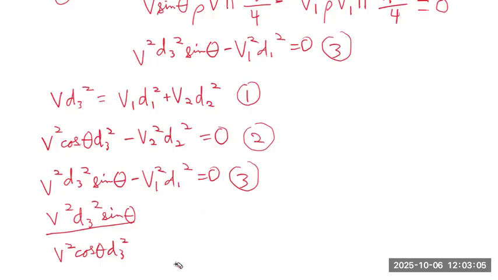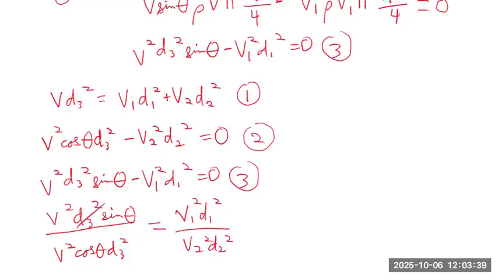Actually, let's not make this confusing. Basically, what we did was we moved this one over to the right side and this one over to the right side, so it becomes positive V2 squared times D2 squared, and this one becomes positive V1 squared times D1 squared. Then we divided the left side equations by each other, and set it equal to V1 squared D1 squared over V2 squared D2 squared.